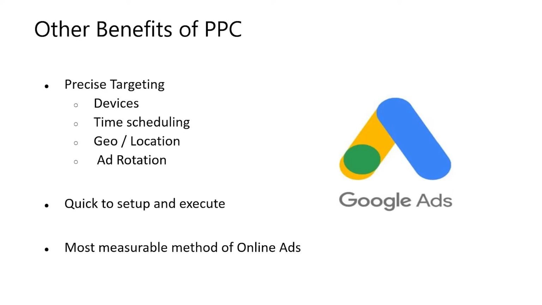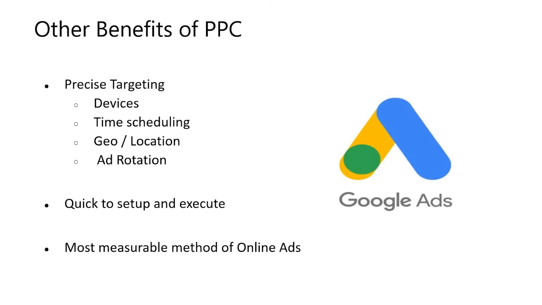It is also one of the most measurable methods of online advertising. So you can track right from how much money you spent to the number of leads or sales that you have generated, and which keywords have given you these leads, or which ad groups, which campaigns, which ad text has worked for you, given you the leads, or let's say leads at the lowest cost, lowest CPL, right?